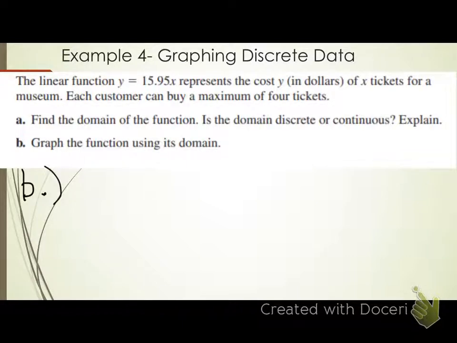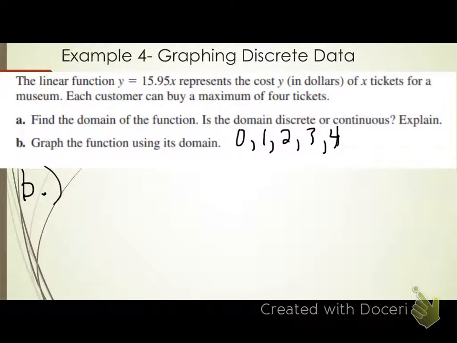So domain was 0, 1, 2, 3, 4. We need to keep in mind that my domain is my set of x values. So in order to graph my function, I need x values and I need y values to create ordered pairs to be able to graph them on a graph.